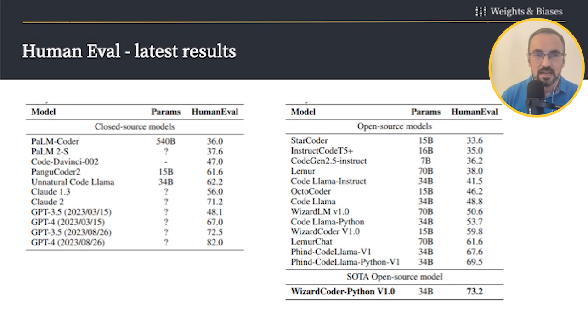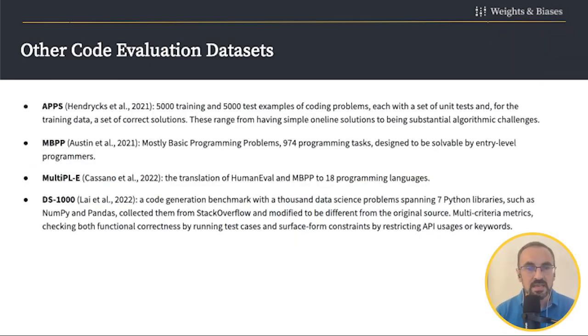And I want to highlight some other code evaluation datasets, since we're talking about code. APPS is a much bigger dataset that contains also some pretty challenging problems. It's much harder to get a good result on APPS. MBPP is another, I would say, rather simple dataset with around 1,000 programming tasks.